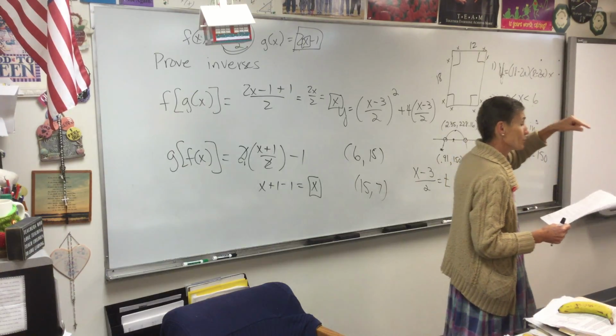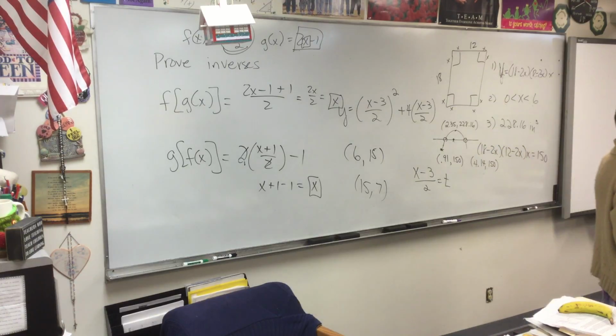So number 2, now listen. The thing is a function because it passes the vertical line test. Its inverse is not a function because it doesn't pass the horizontal line test, meaning that it's not 1-to-1, because if you're 1-to-1, you pass both.